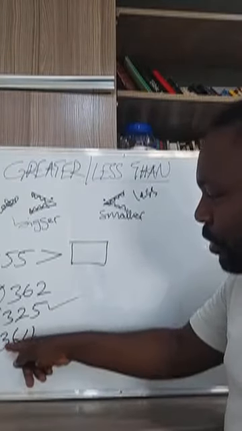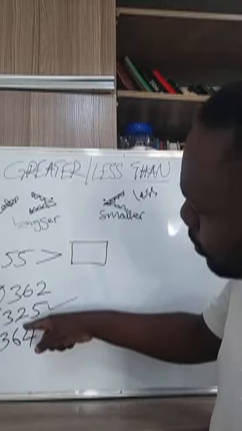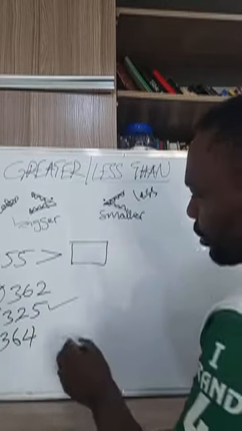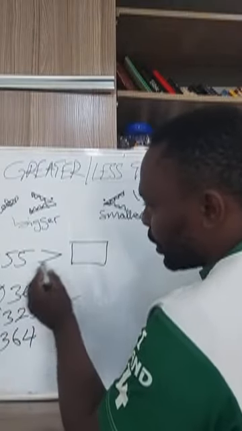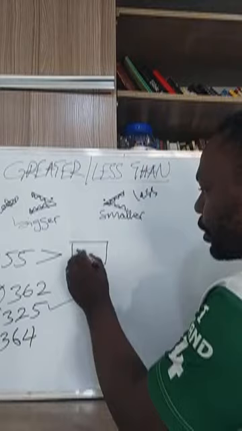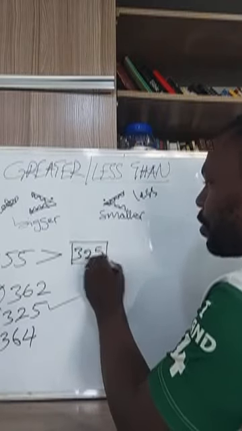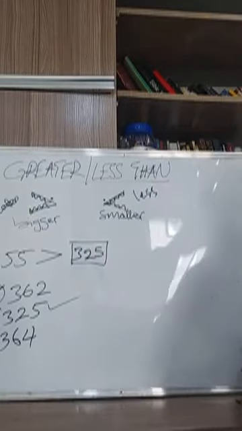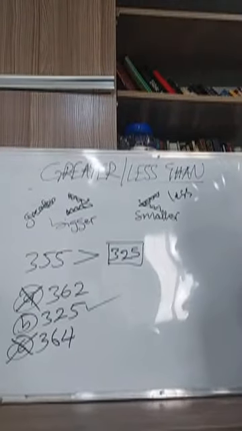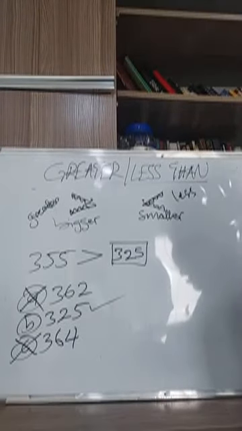Is it bigger than 364? Nope. It's less, so it's not this. We're looking for what it is greater than. So your answer is 325. Okay, good. I hope you got that, right? That's pretty simple if you ask me.